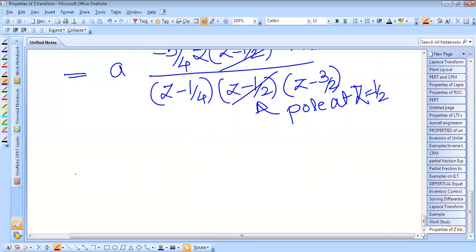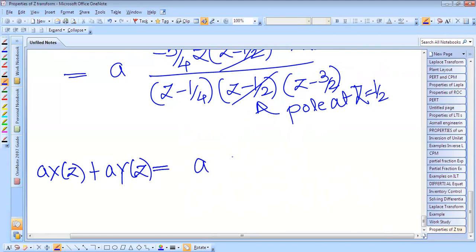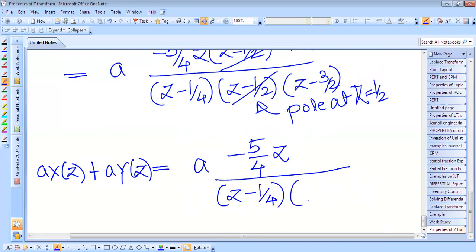So a into X of z plus a into Y of z is equal to a into minus 5/4 z divided by z minus 1/4 into z minus 3/2.